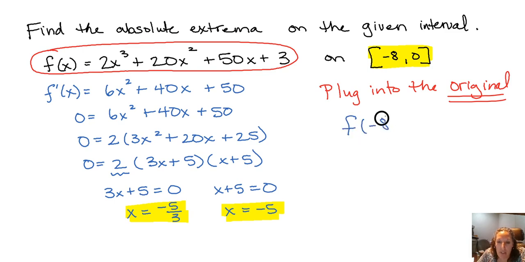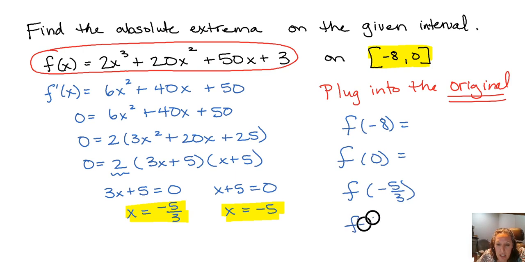So we're going to find f of -8, f of 0, f of -5/3, and f of -5. So we're plugging in each of those x values in for our x in our original function.